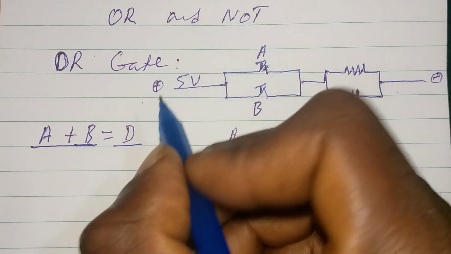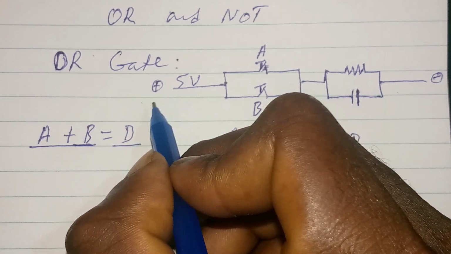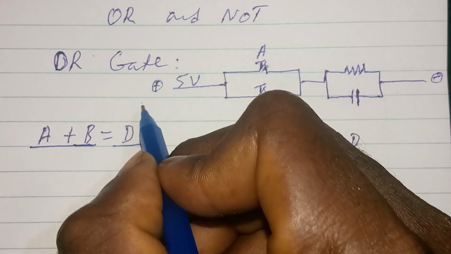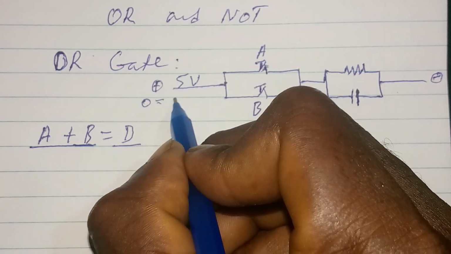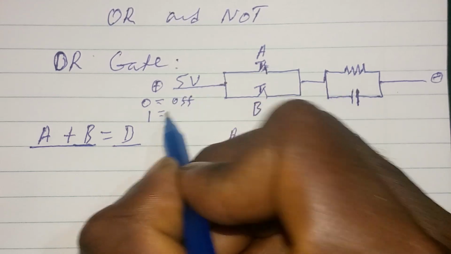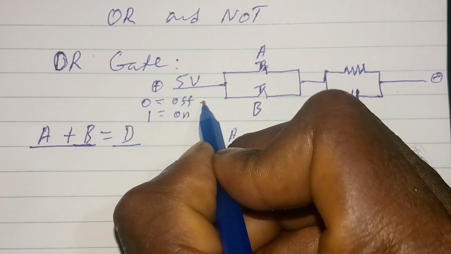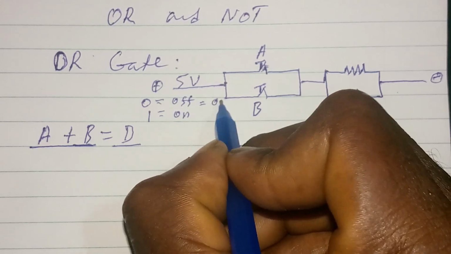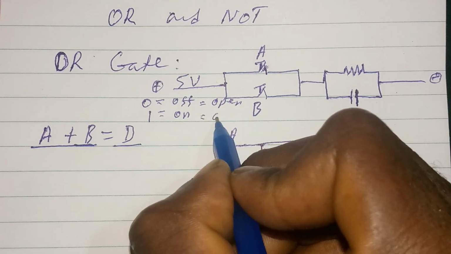Now, in electronics, as we said earlier in the previous video, when we talk about 0 here, we mean off, and if we say 1, we mean on. It is the same thing here, open, and also it is the same thing here, close.